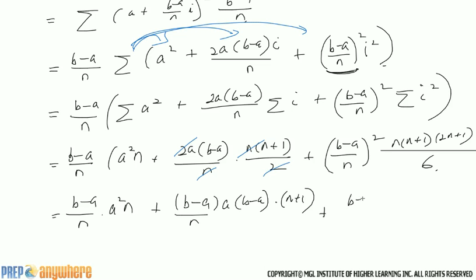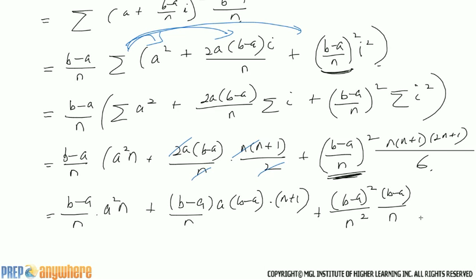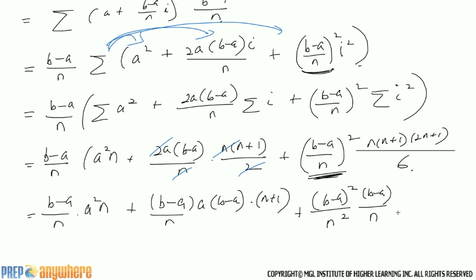Okay, again, (b minus a). This thing here is (b minus a) squared over n squared times another (b minus a) over n. And we still have (n plus 1)(2n plus 1) all over 6 there.